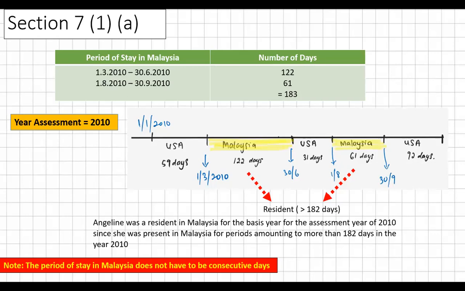It means she was in and out: she went to Malaysia, then went back to the US, then came back to Malaysia. So she did not stay 182 days in one stretch in Malaysia, but she is still within the same year of assessment 2010. Even though it is not consecutive days, when you add both, 122 plus 61, you will get 183 days.